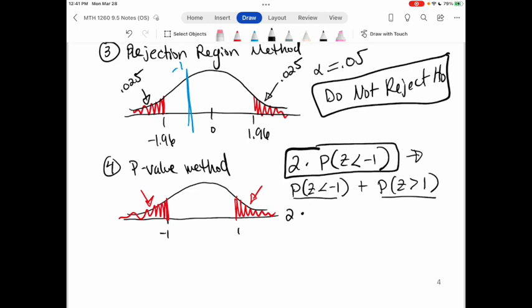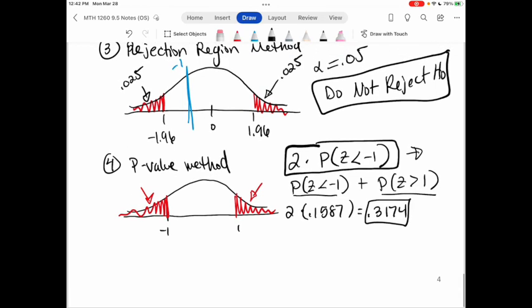So when I use normal CDF on my calculator and I find that probability, it doesn't matter which wing, you're going to find that it's the same area no matter which way you do it. You're going to find that one wing has an area of 0.1587. And then when you multiply that by 2 for both wings, you're going to get 0.3174 for your probability.